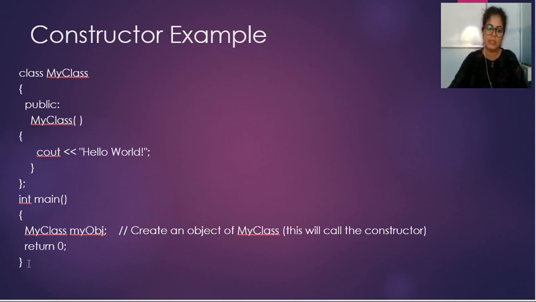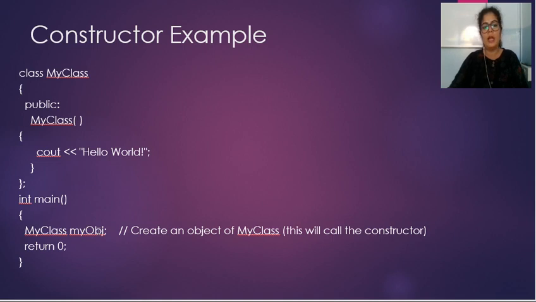The name of the class is MyClass, and you can create any object. Here I have created an object, myObj. myObj is the name of the object and MyClass is the name of the class. So class and object, semicolon.